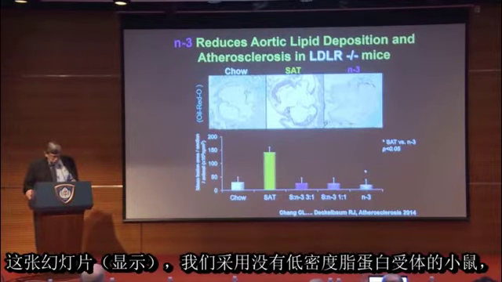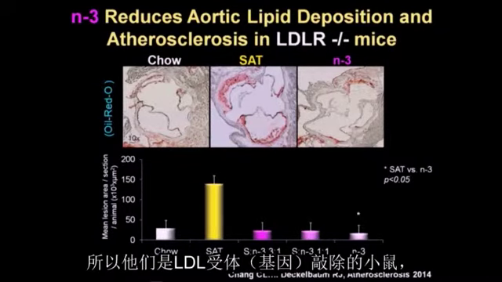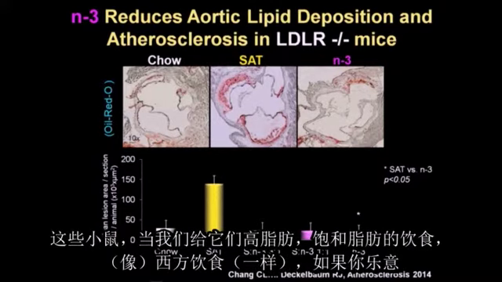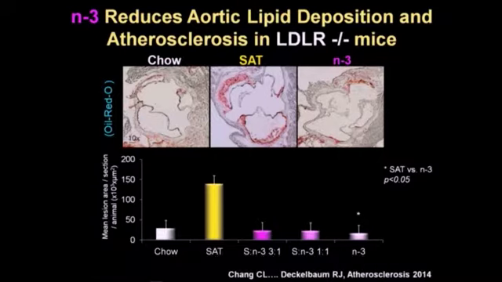So this is a slide where we take mice that do not have LDL receptors, so they're LDL receptor knockout mice. And these mice, when we put them on a high-fat, saturated fat diet, Western diet, if you will, develop atherosclerosis very quickly with high cholesterol.